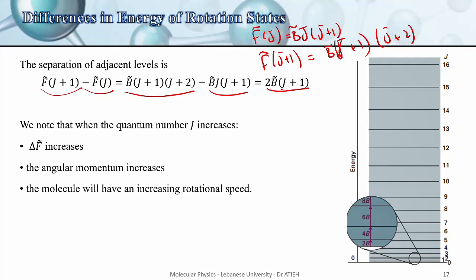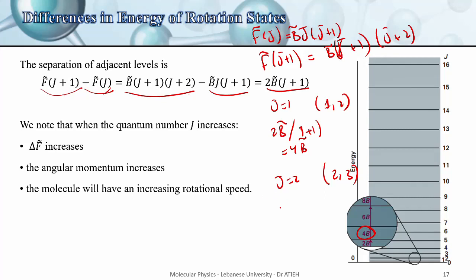So again, if J is equal to 0, we will get 2B. So this is the first difference between J0 and J1. If J is equal to 1, we substitute. So this is the difference between 1 and 2. This will give me 2B times (1 plus 1), this will give me 4B. So the second difference is 4B. And if J is equal to 2, I'm finding the difference between the levels 2 and 3, because this is J plus 1. So it will be 6B, similar to the data already found in the previous slide.